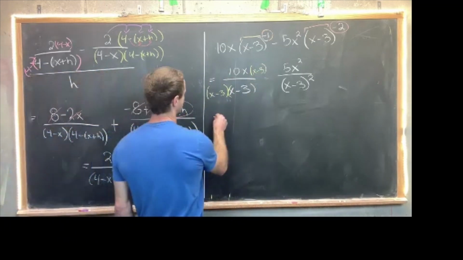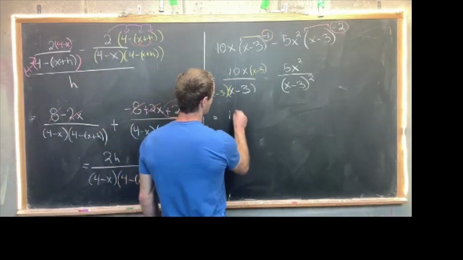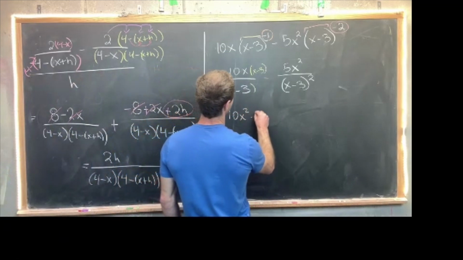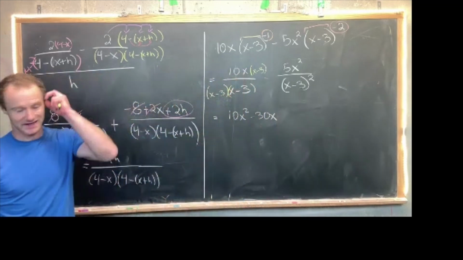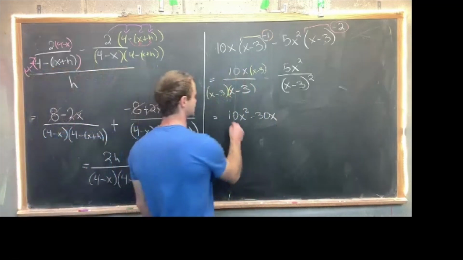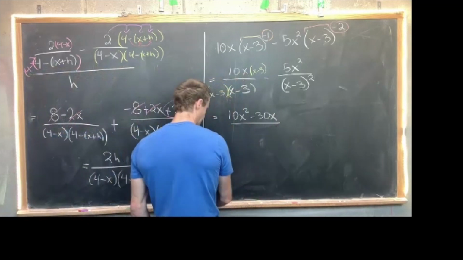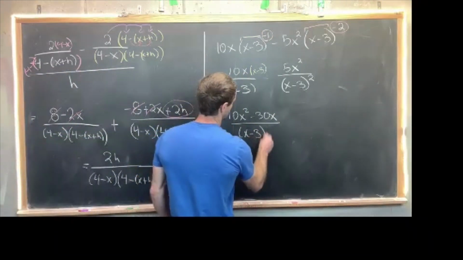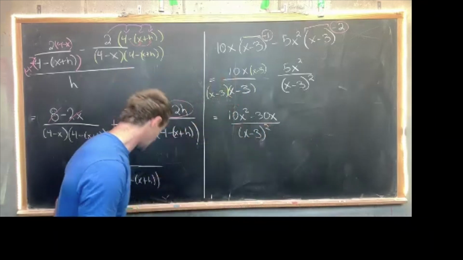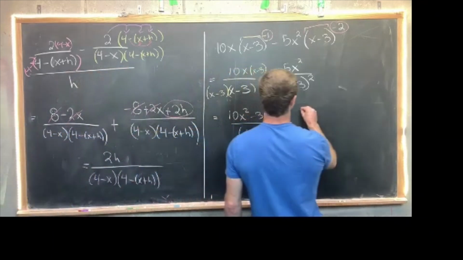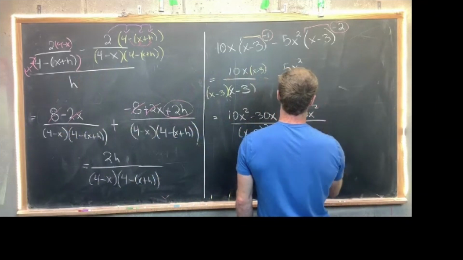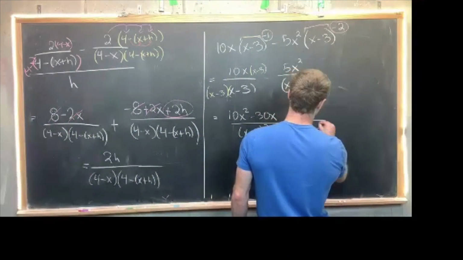So we're going to have 10x squared minus 30x. So that's what we get from multiplying the 10x through onto the x minus 3, over x minus 3 squared. So that's what we get for multiplying x minus 3 times x minus 3. And now we have minus 5x squared over x minus 3 squared.